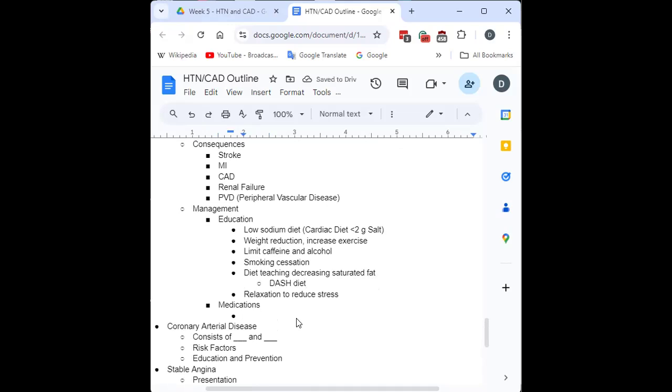So list me all the medications you guys can think of for hypertension. Okay. Blockers. Oh, someone's got a mnemonic here. Dogs bark at cats always. The blockers, ACE inhibitors, yeah, ARBs as well.